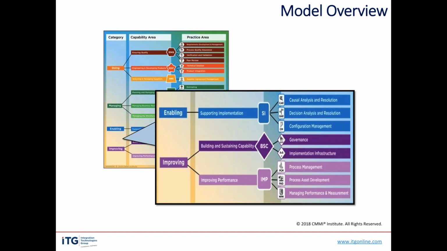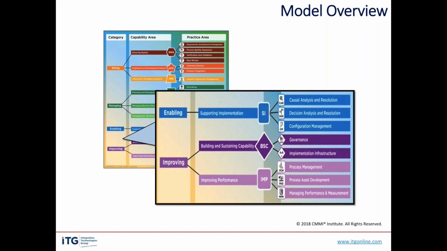So supporting implementation. The focus there is ensuring that product integrity and stakeholder buy-in is there, and making sure that the solutions and the approach that we have is the most efficient and effective and controlled way of doing our delivery, okay?